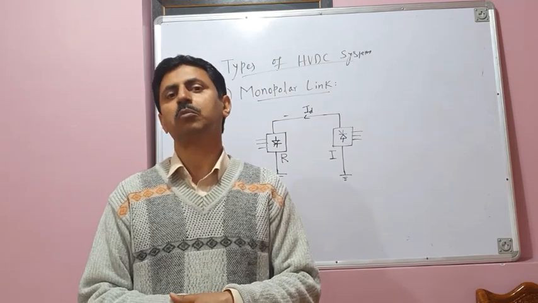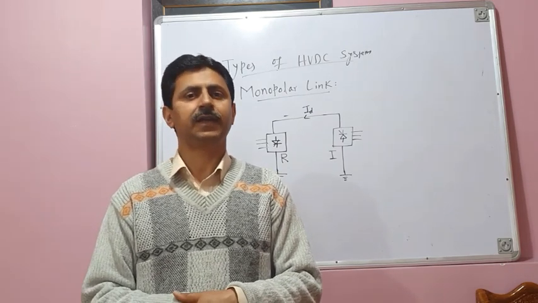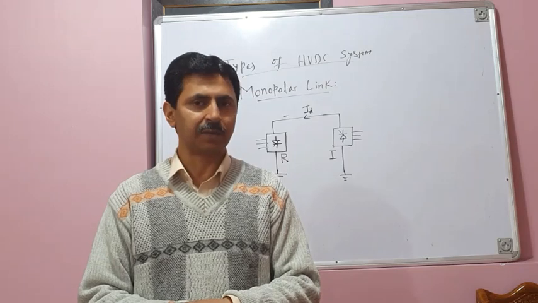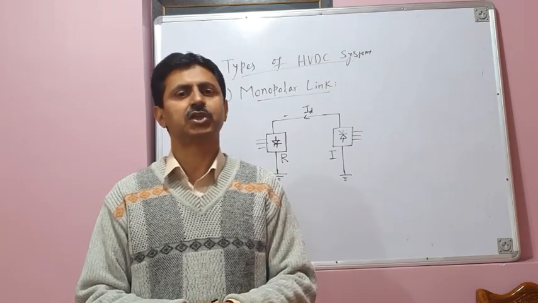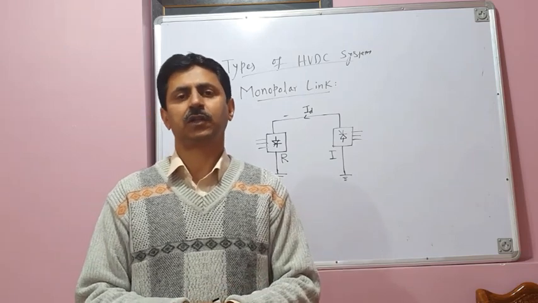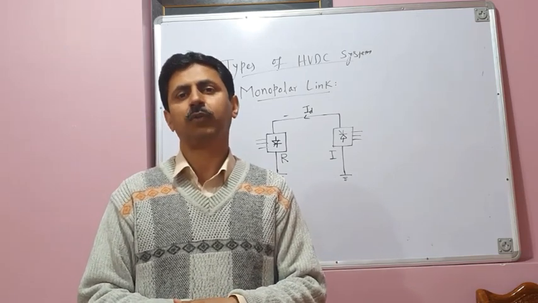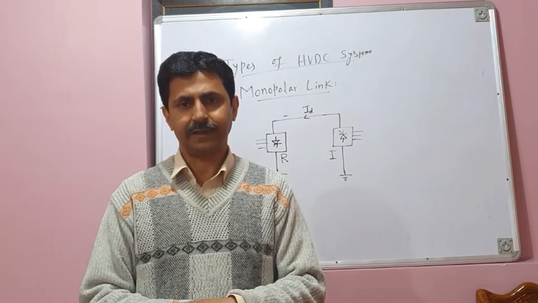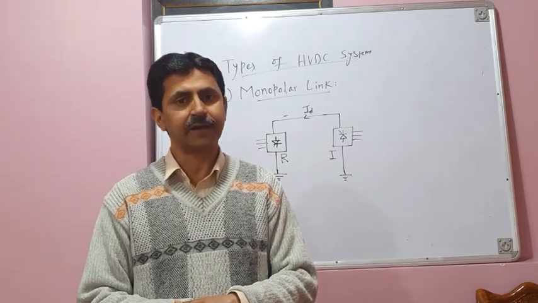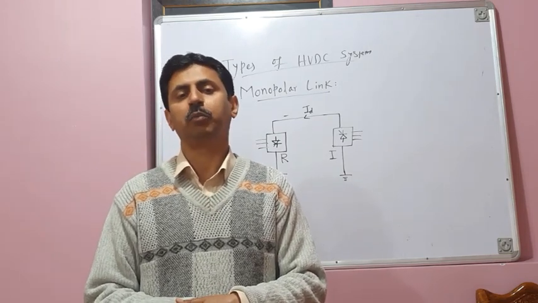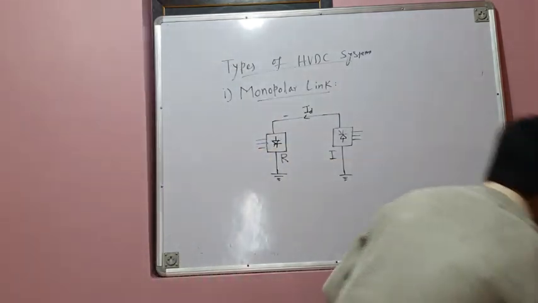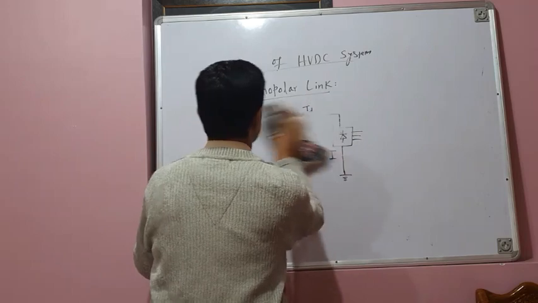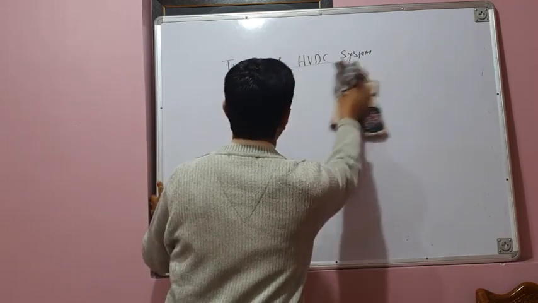So monopolar link is very less reliable as far as reliability is concerned. A fault on the pole will result in complete shutdown. No power transmission will take place unless the fault is rectified or cleared. So therefore it is highly unreliable and it is not very popularly used. Okay, so that was the first type of HVDC system, monopolar HVDC link.